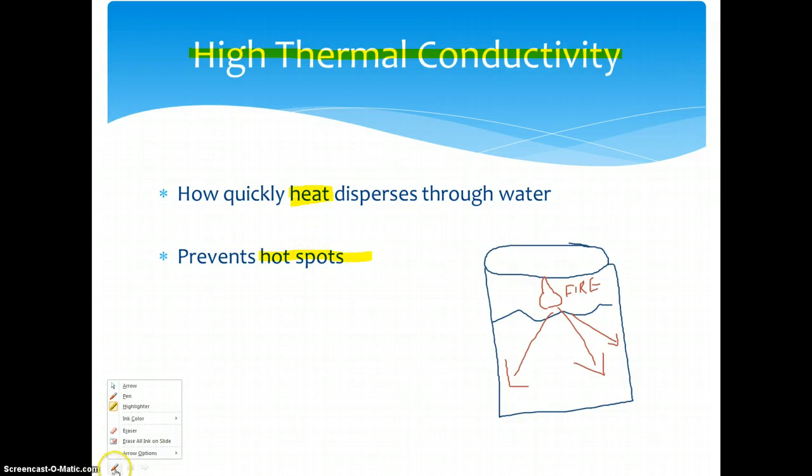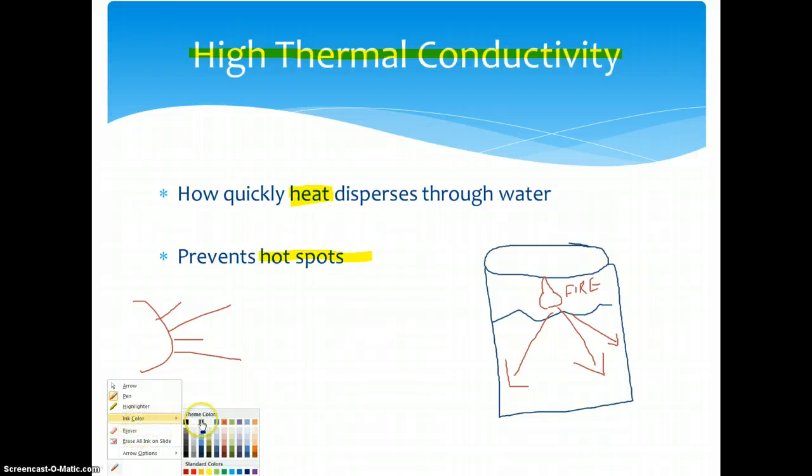If water was, let's just draw a diagram here with sun. If water created hotspots, what would happen is that aquatic animals would go through that water.